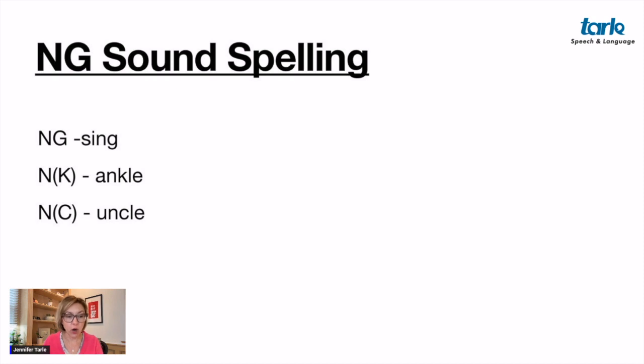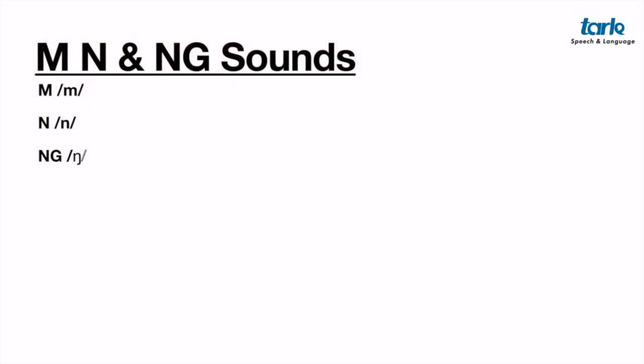So again, if we go back to the beginning, and I will show you that phonetic symbol one more time, we have two letters, NG, equal one sound. It's that little N that has that little G ending that kind of dips below the line. That is the phonetic symbol. So we do know that the NG, again, is two letters, one sound.